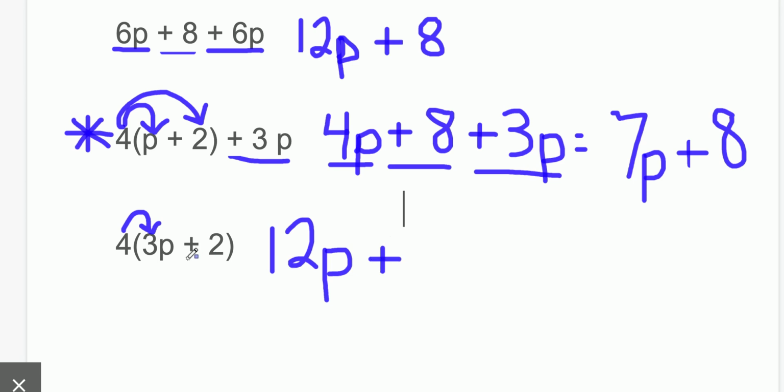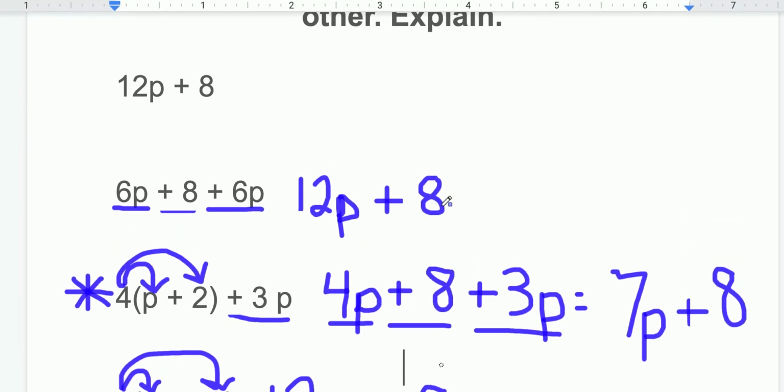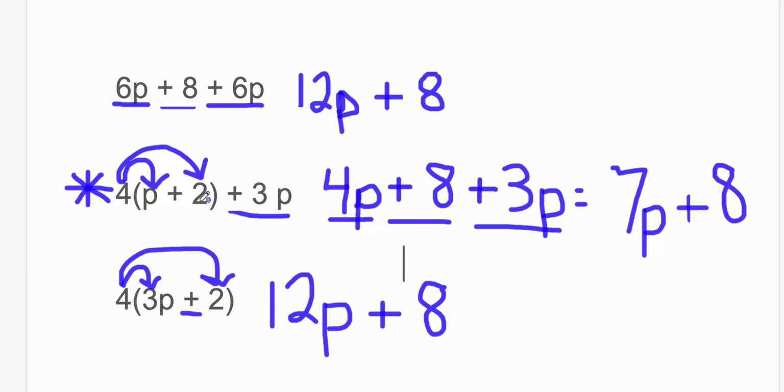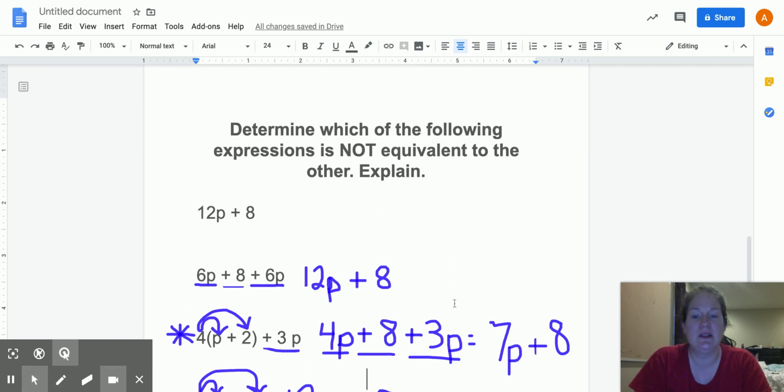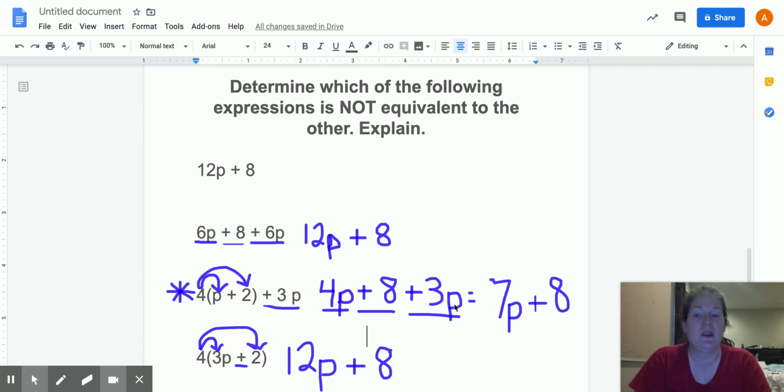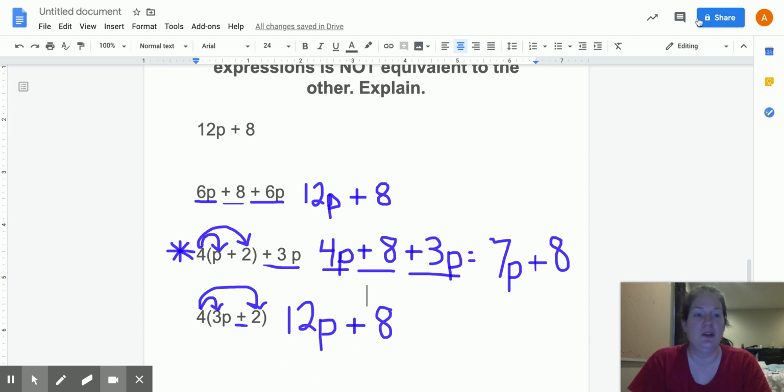I know it's addition because there's addition in the parentheses. And then 4 times 2, which is 8. So 12p plus 8 is on 3 of these. The only one that is not the same is this third one here. So that is how I know that that one is not equivalent to the others. All right? So make sure you work through them when you're doing this.